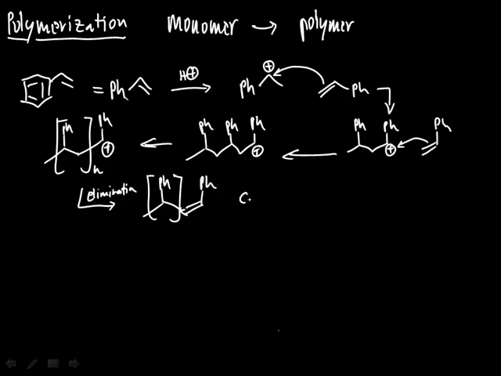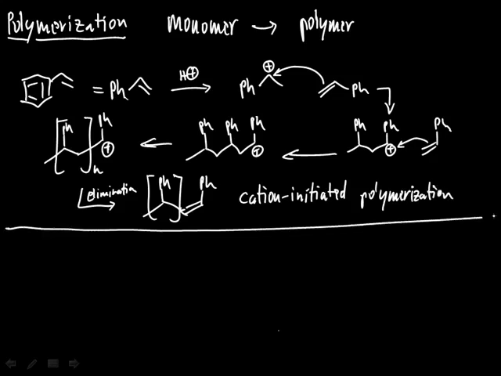And this will be a cation-initiated polymerization. So you see that mechanistically this is almost exactly the same as all other electrophilic additions to alkenes, but the product we get is quite unusual.